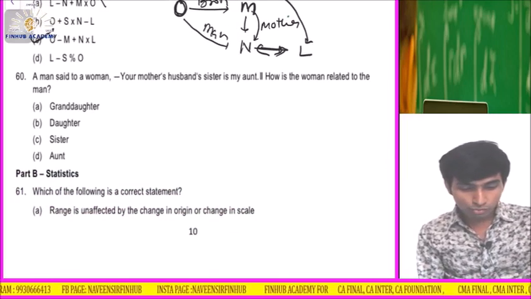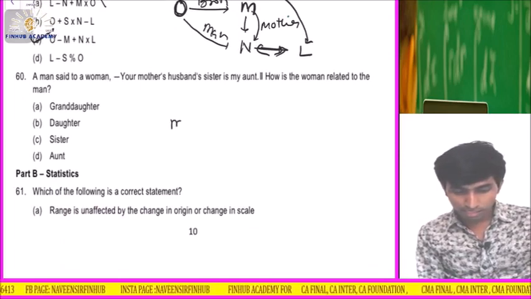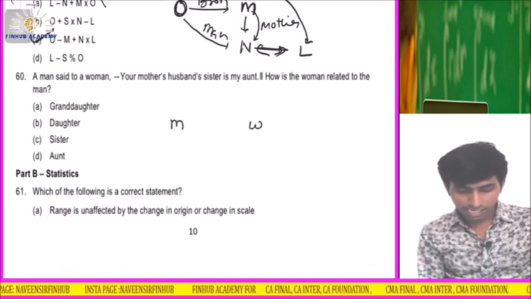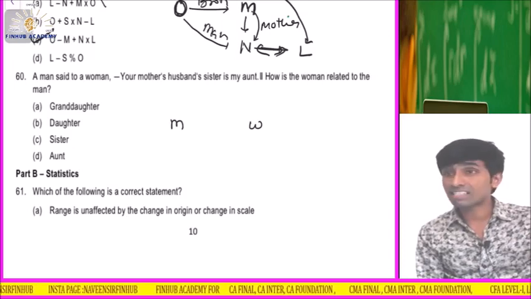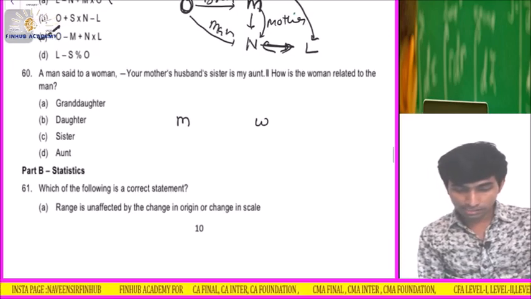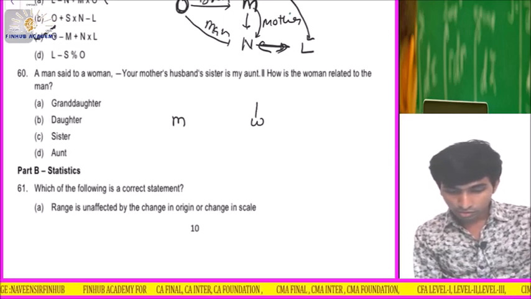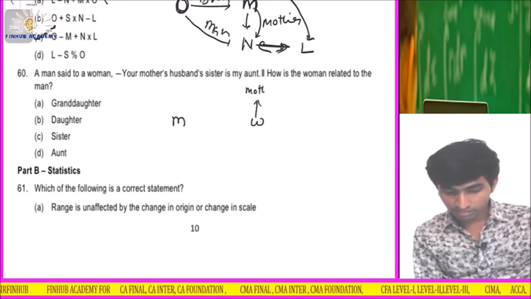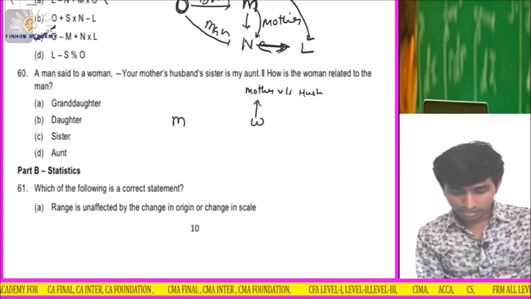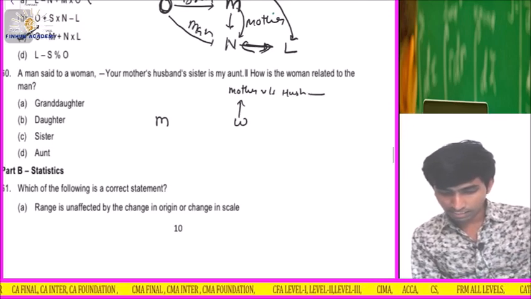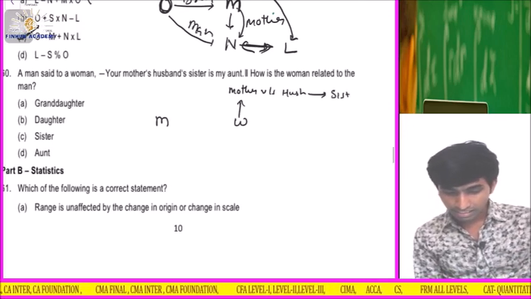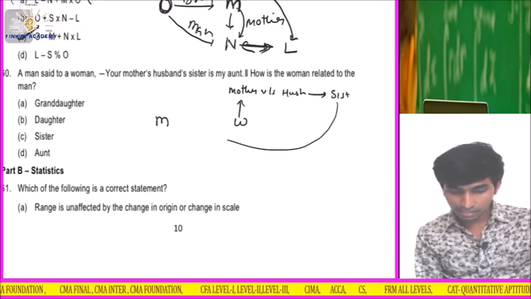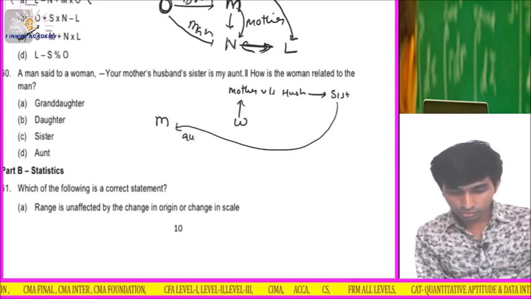A man said to a woman, your mother's husband. Your mother's husband means father, the father's sister is my aunt. This sister is aunt to this man.